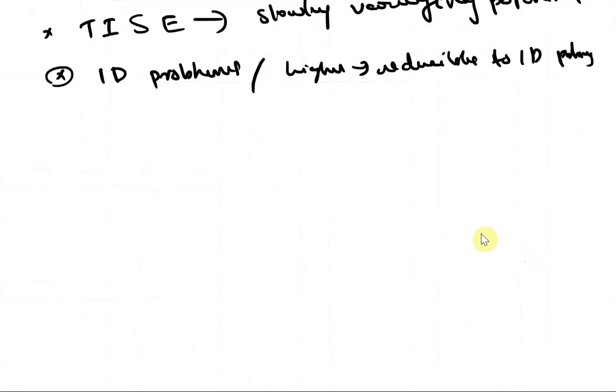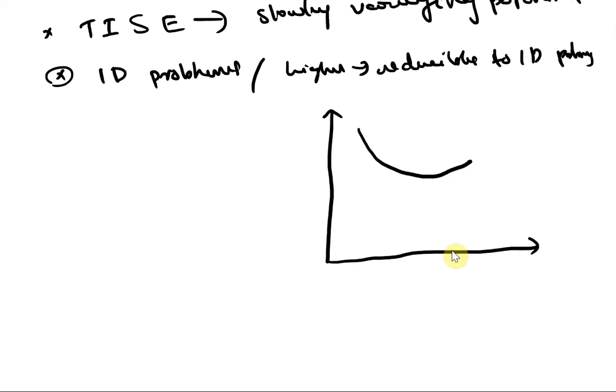so before going further, I have to give a brief idea of what a slowly varying potential means. So let us take a potential like this. This is my potential v of x with x.